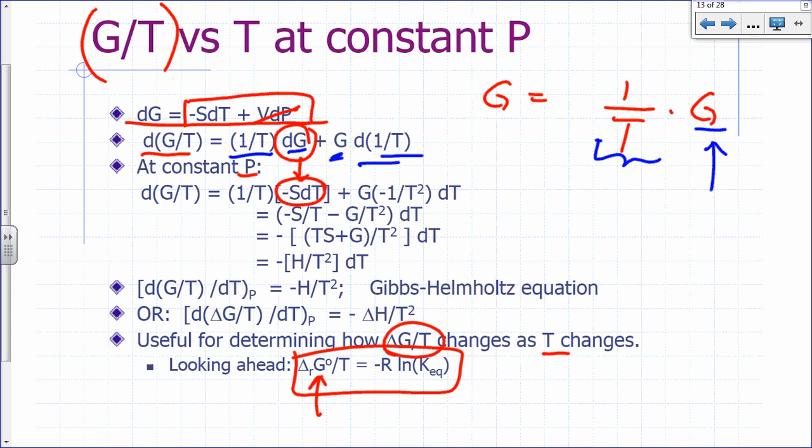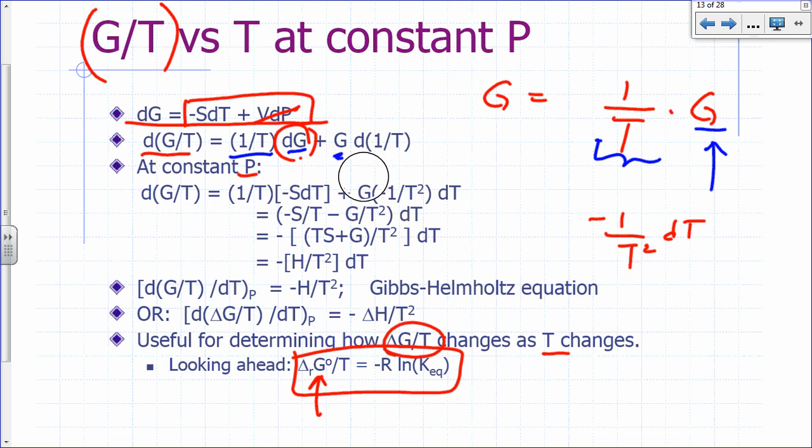That drops out, right? So dG is just negative S dT at constant pressure. What's the derivative of 1 over T? It's negative 1 over T squared. So this is negative 1 over T squared dT. That's the derivative of 1 over T dT.